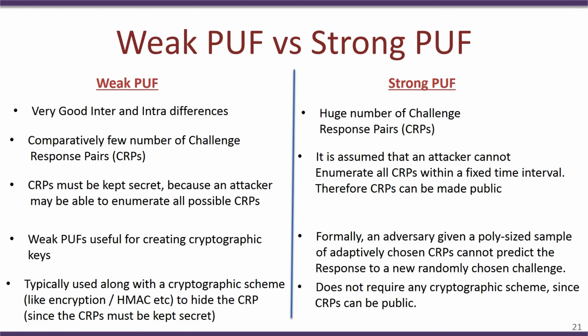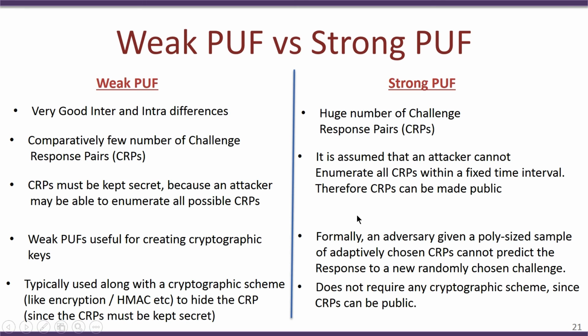Now, strong PUFs, as we have seen, have a huge number of challenge response pairs. In fact, there is an exponential number of challenge response pairs based on the number of arbiter switches present in the arbiter PUF, and it is assumed that because of this, the attacker will not be able to capture all the challenge response pairs, or build a database of all these challenge response pairs.